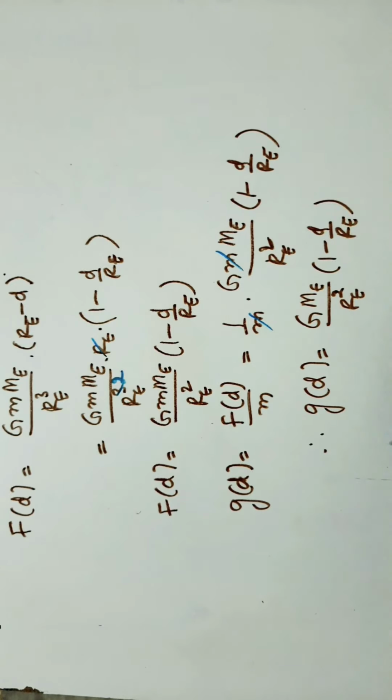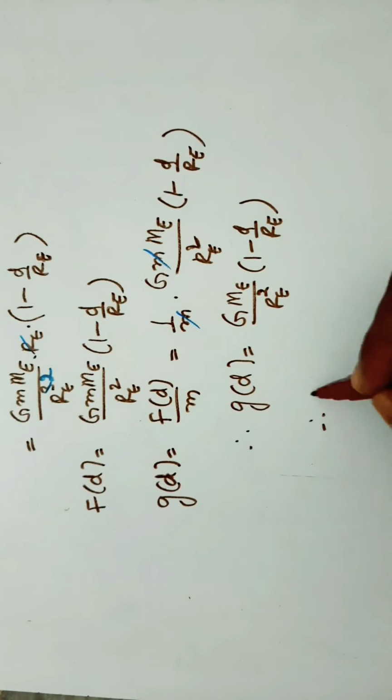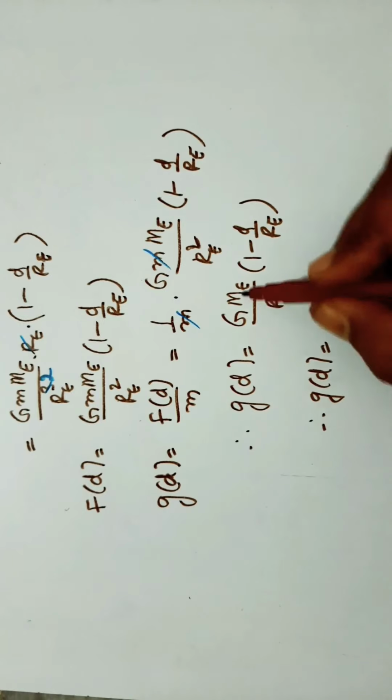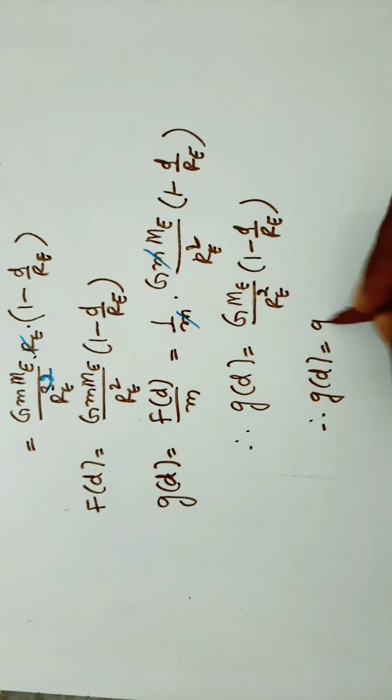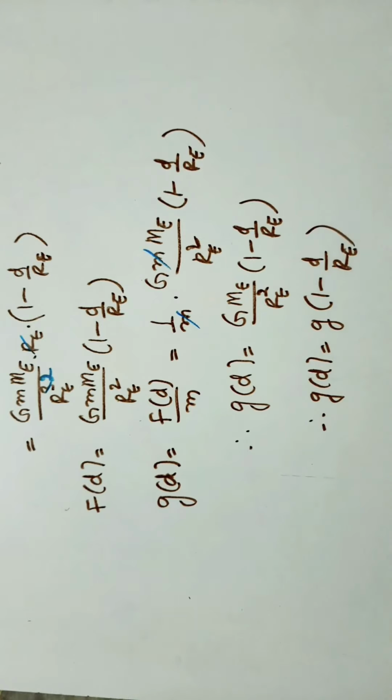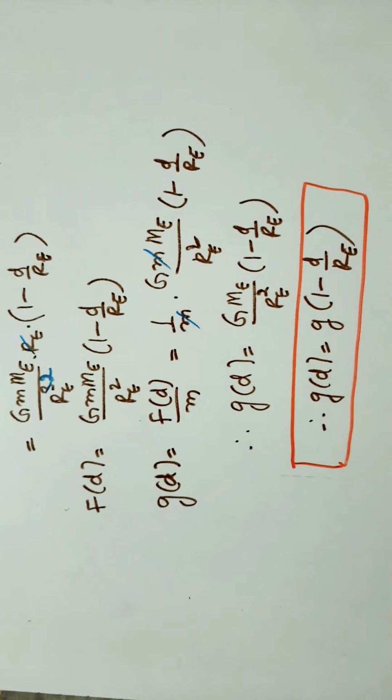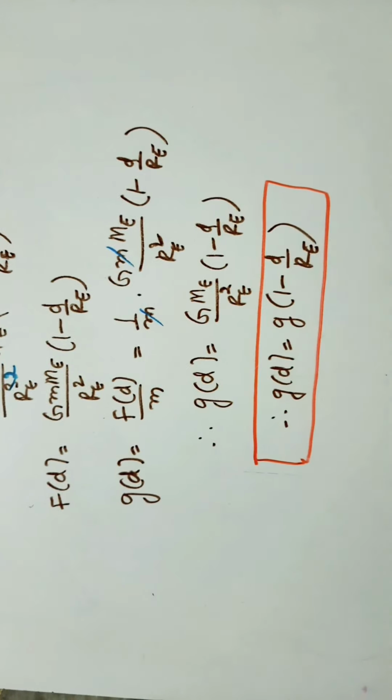So therefore, here g of D is equal to what? Here G ME by RE square is g, so g of D is g into 1 minus D by RE. Here also, as depth increases, D increases, so the value of 1 minus D by RE decreases.